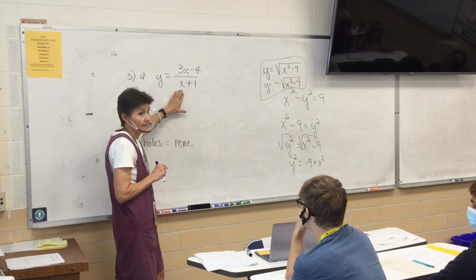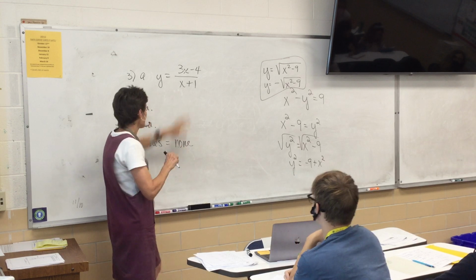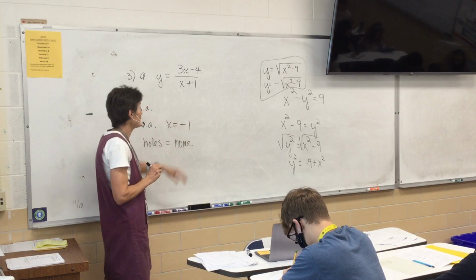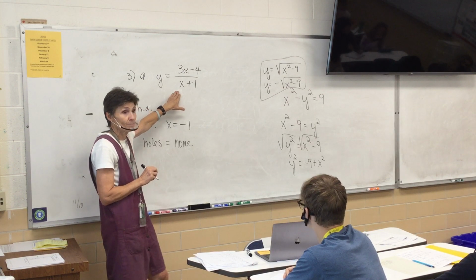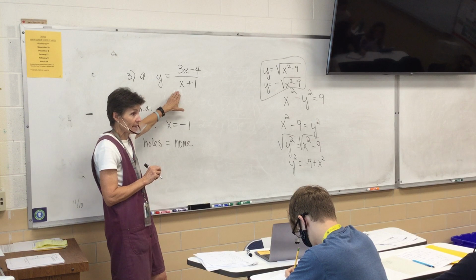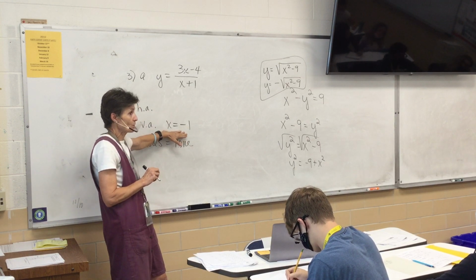X plus 1 can't be 0, which means x can't be negative 1. So your vertical asymptote is at negative 1. What happens if you put negative 1 in that problem? You get a 0 in the bottom, right? Is that allowed? No. So you're going to put a vertical asymptote there.